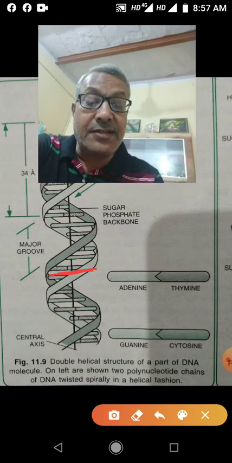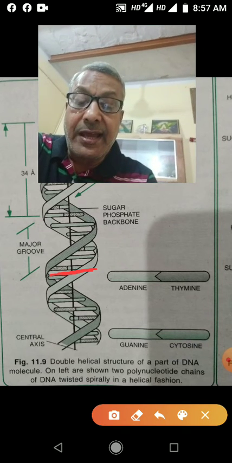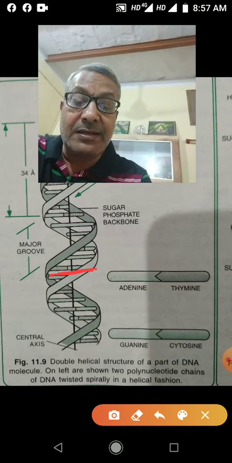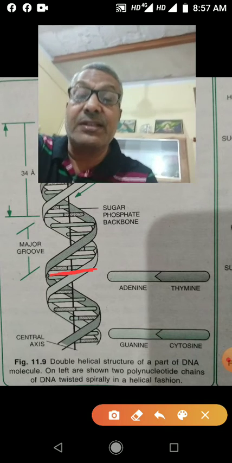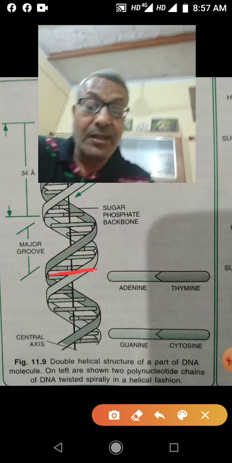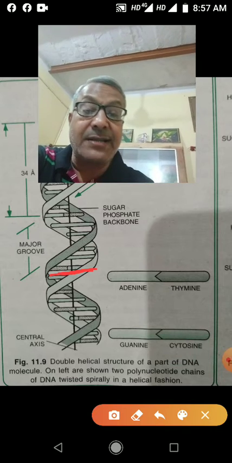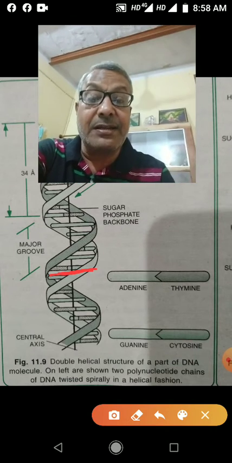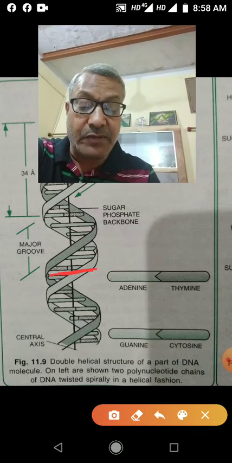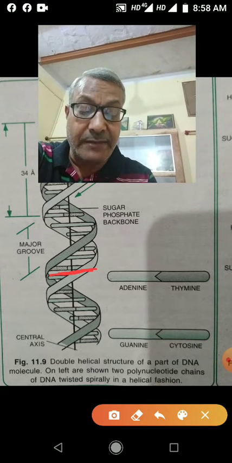Pairing between nitrogenous bases is such that adenine pairs with thymine and cytosine pairs with guanine. There are 2 hydrogen bonds between adenine and thymine and 3 hydrogen bonds between cytosine and guanine.